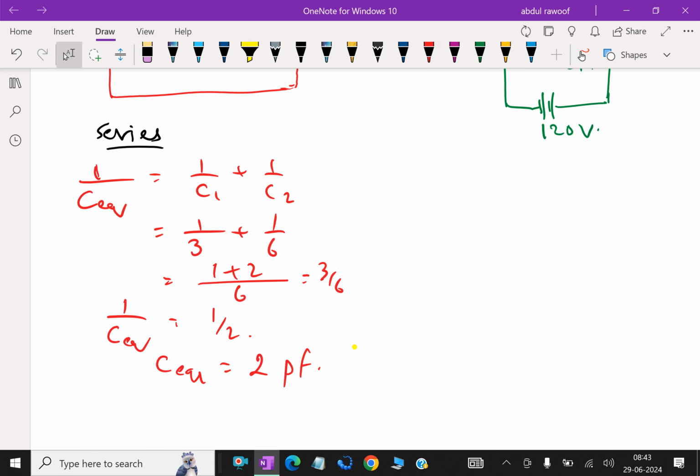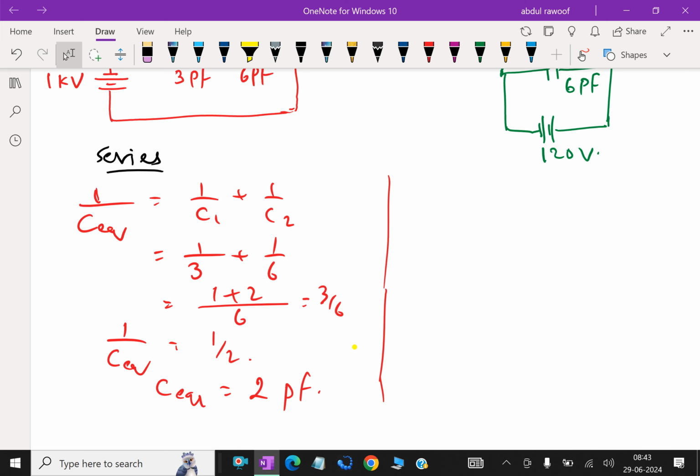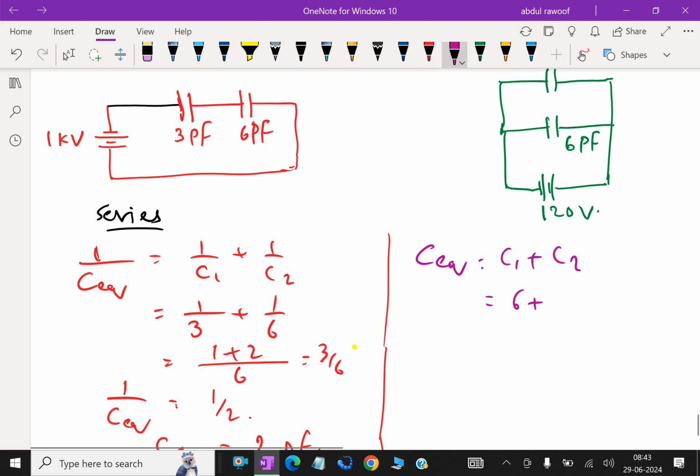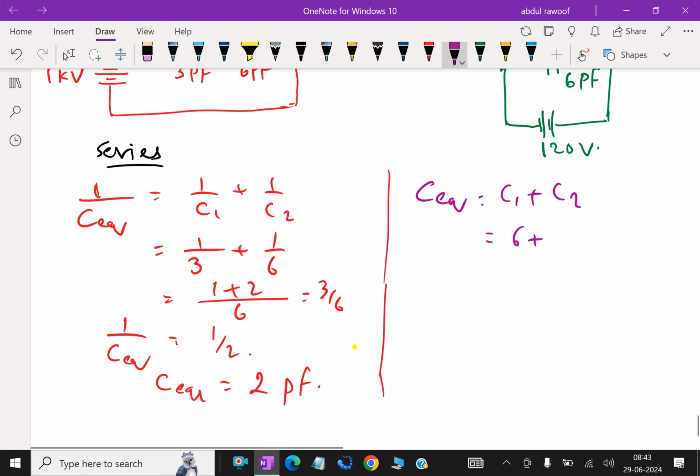Then for parallel, C equivalent equals C1 plus C2, which is equal to 6 plus 2, 8 microfarad.